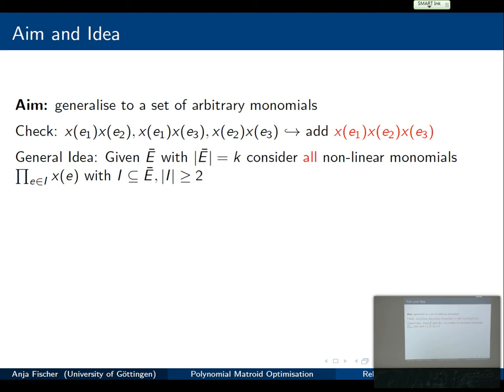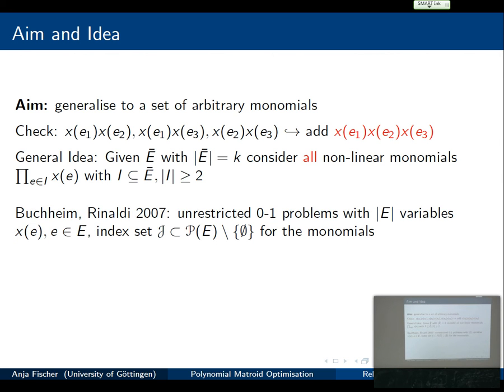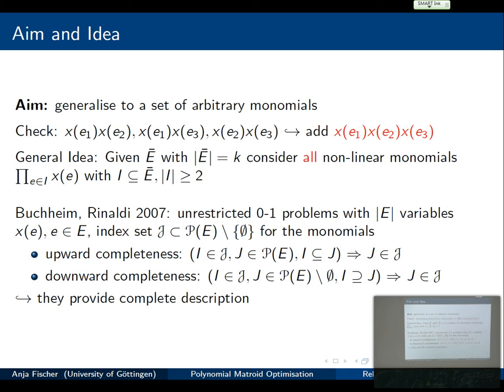So we look now again at our E bar and consider all nonlinear monomials that we can build. So blowing up, really, our problem. And now, why do we call this upwards and downwards completeness? There was this paper by Buchheim and Rinaldi, and they considered unrestricted 0-1 problems that should fulfill these upward and downward completeness properties.